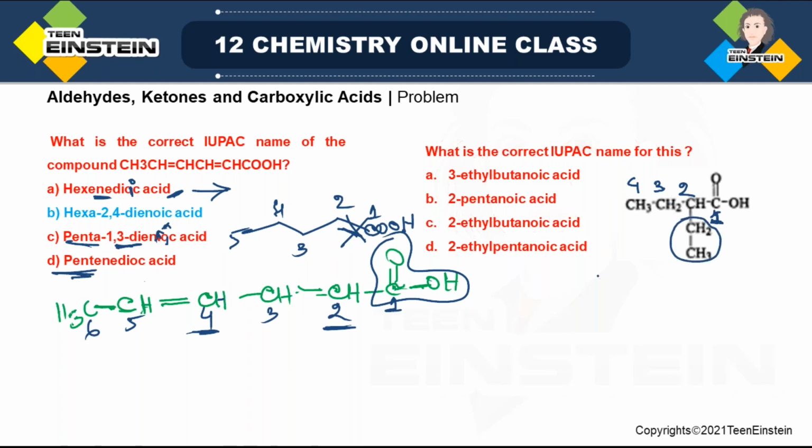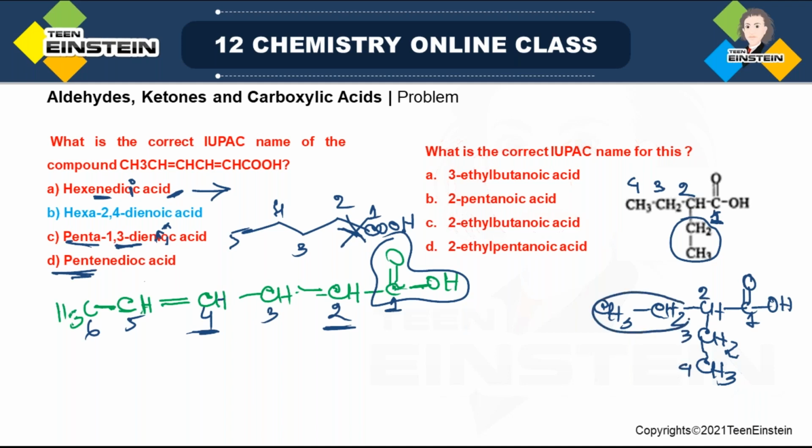Actually, if you move in both directions, it will be the same, because whatever direction you move, it is always a 4 carbon longest chain. And at the 2 position you have an ethyl substituent. This is the ethyl substituent. Okay, so it will start with 2 ethyl.